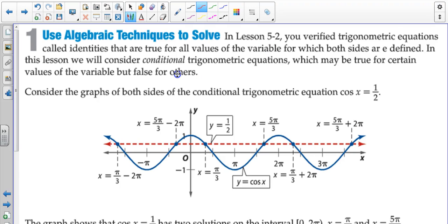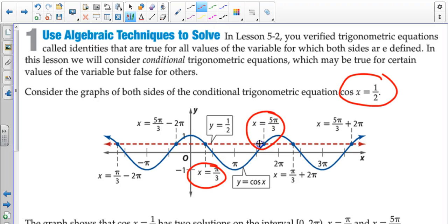All right, so we did this kind of question yesterday. Where's the cosine 1/2? We looked at our unit circle. Cosine is x. It happened at pi over 3. And it also happened on the unit circle that the x value was 1/2 over at 5 pi over 3.